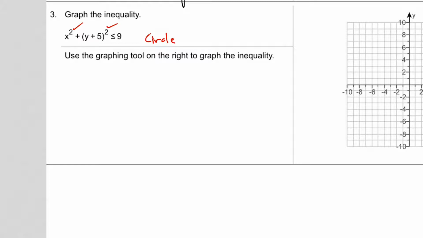And we know from the circle that we have the center. So the center is (h, k), so there is no h, that means h is 0.